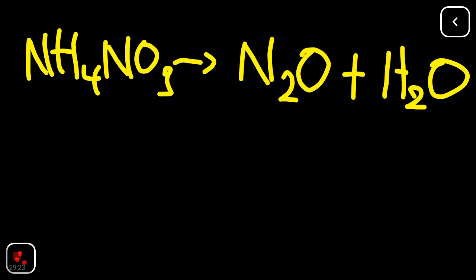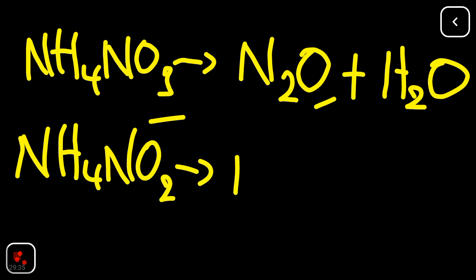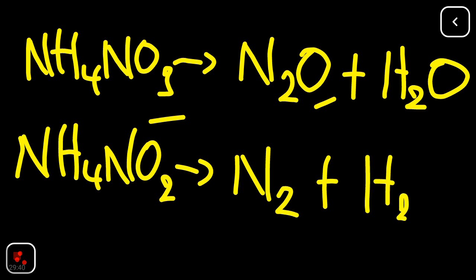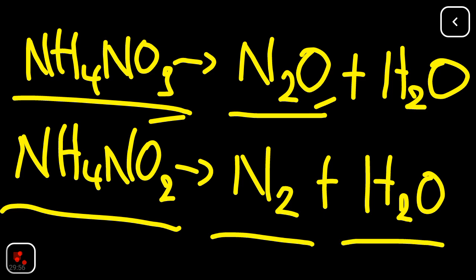Laughing gas plus water. And you can see if the oxygen here is reduced to NH4NO2, so instead of having oxygen here, we're just going to have N2 plus the water. So you can see that ammonium trioxonitrite decomposes to give you laughing gas and water, but ammonium dioxonitrite decomposes to give you just nitrogen gas plus water.